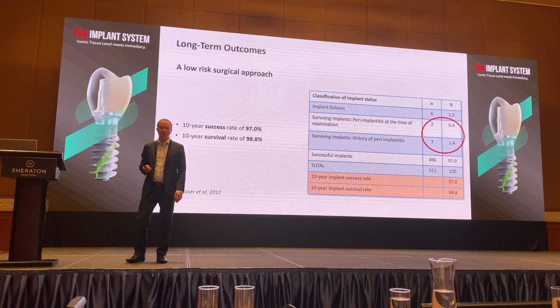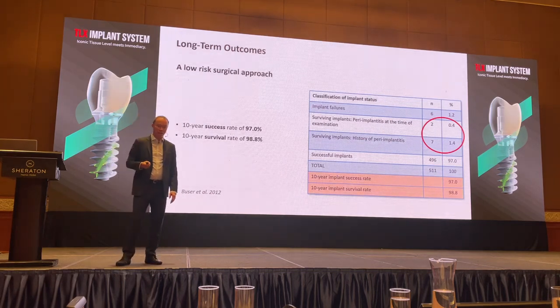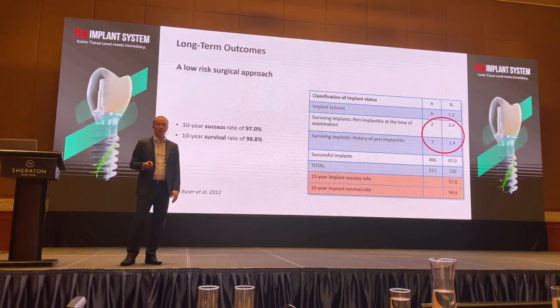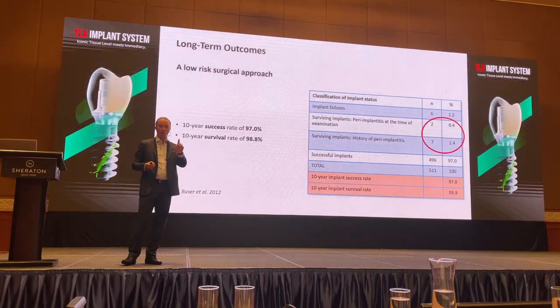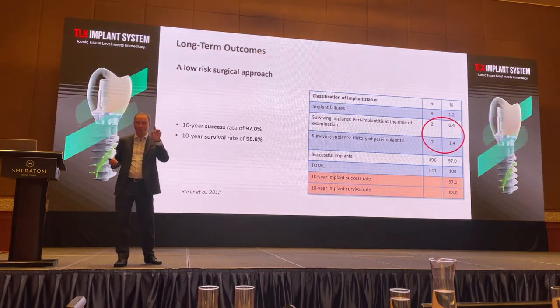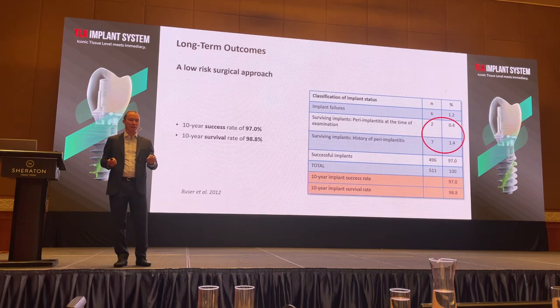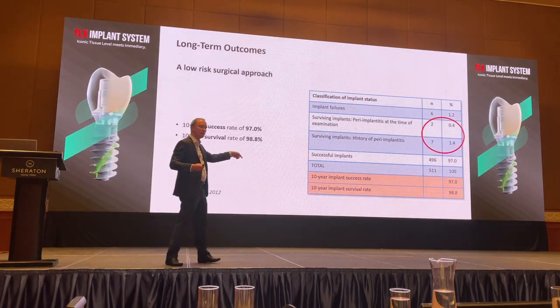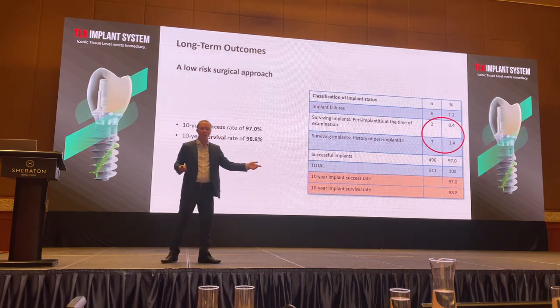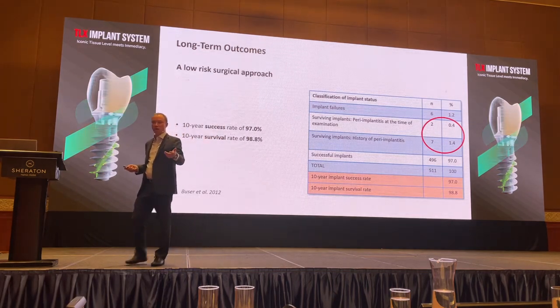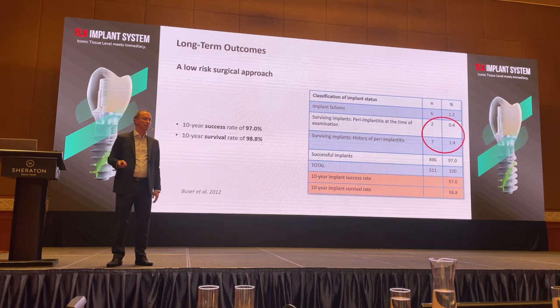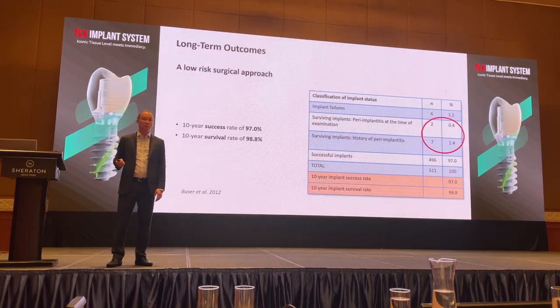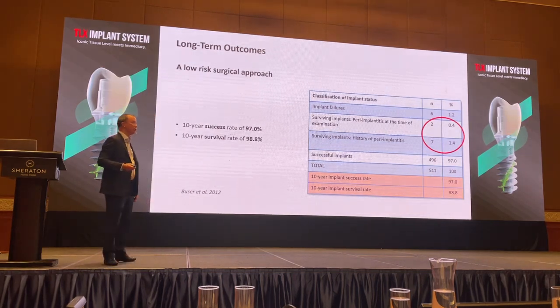So look at the peri-implantitis. Of the surviving implants, 2 of all those patients had peri-implantitis at the time of examination, and 7 had a history of peri-implantitis in the 10 years before that. Overall, the prevalence of peri-implantitis is 2.8%. That's very low compared to what is reported in the literature.